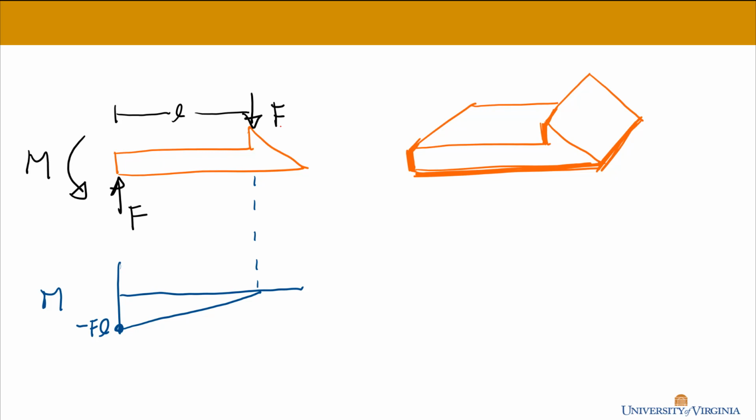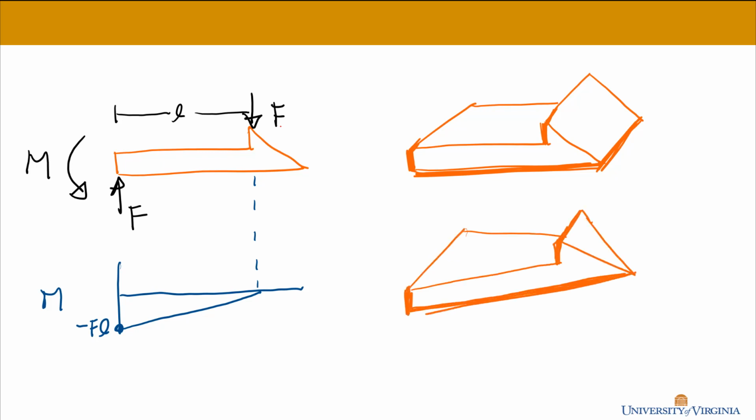And so you could have a smaller cross section towards the tip than you can at the base. For instance, a shape kind of like this for the snap fit could work, given the idea that the moment's getting smaller and smaller the further you go towards the tip.